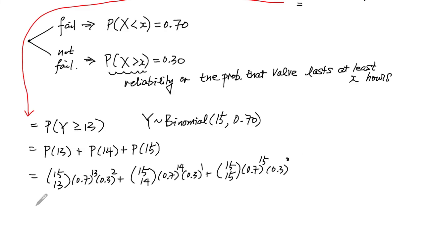Compute all of this and you should get 12.68%. So this is the failure probability of the valve network.